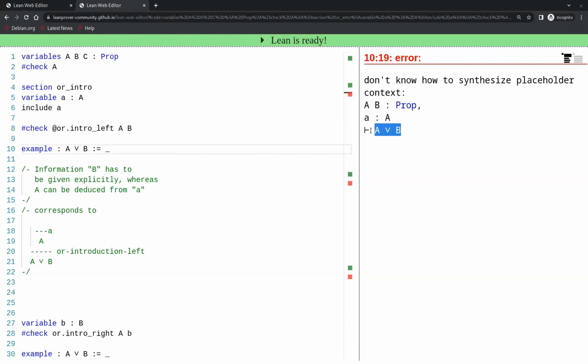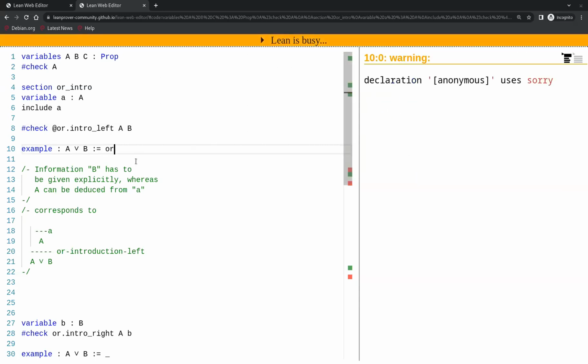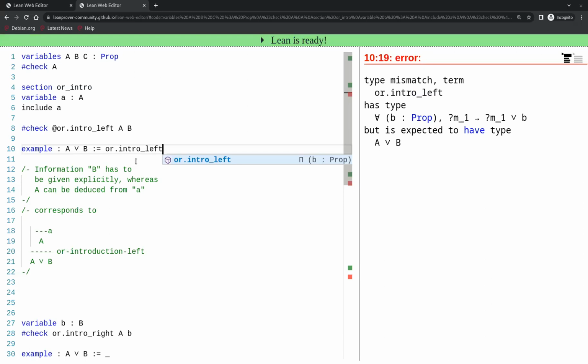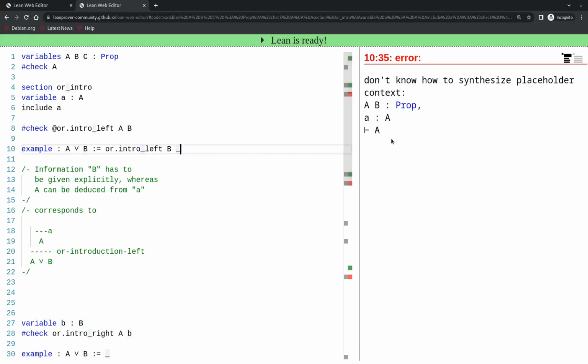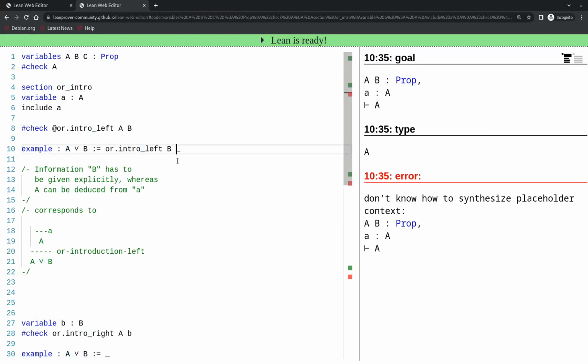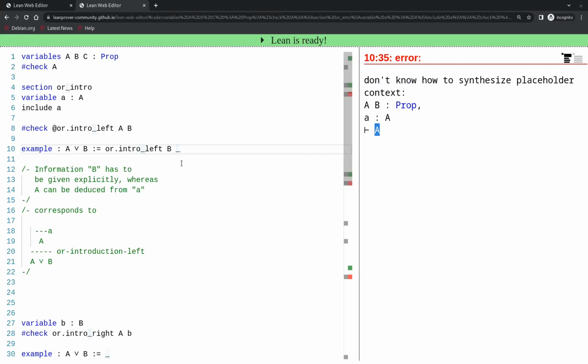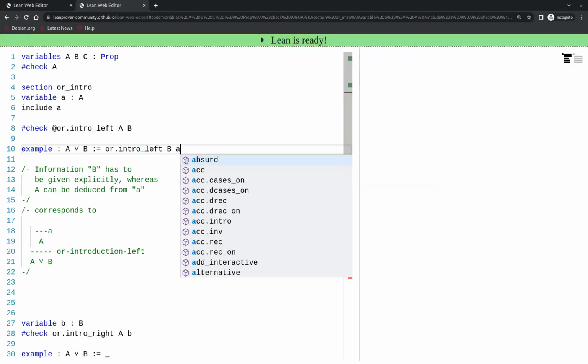For some reason, we have a proof of the proposition A. Well, the way this looks is we just type Or.intro_left because we have a proof of A. And this constant, as I said before, takes an argument B, which indicates the right component, and then we have reduced the goal from A or B, which it was before, to A. And here we can plug in our proof of A that we have.